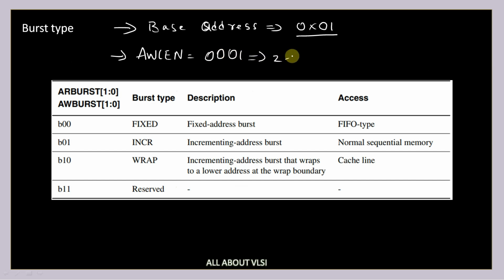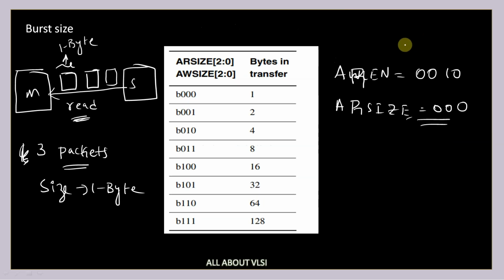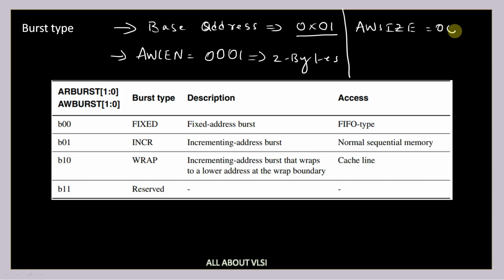That means 2 packets. And my AW size is equal to 001, which is 2 bytes. The width of each packet is equal to 2 bytes, and AW length means 2 packets I'm going to send.